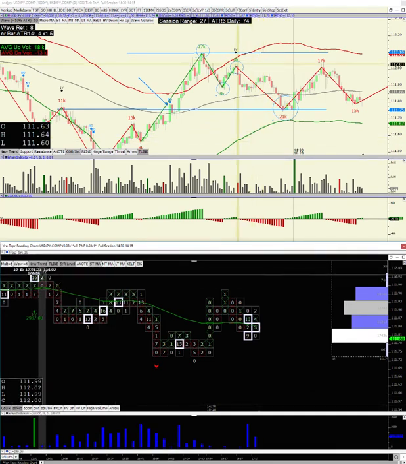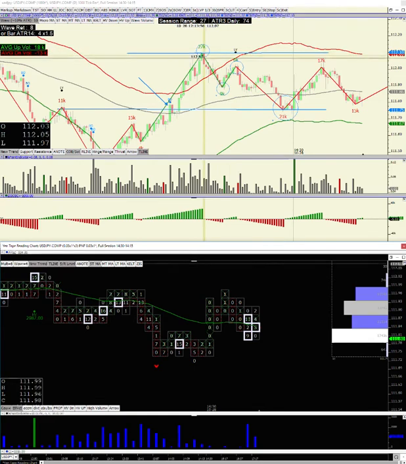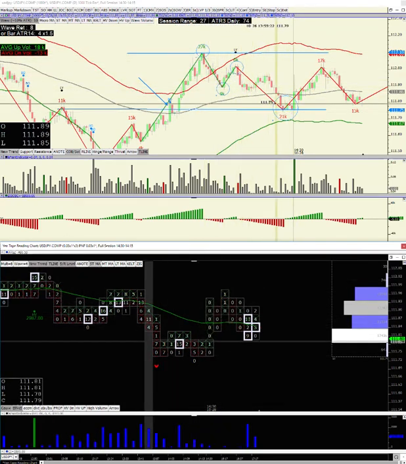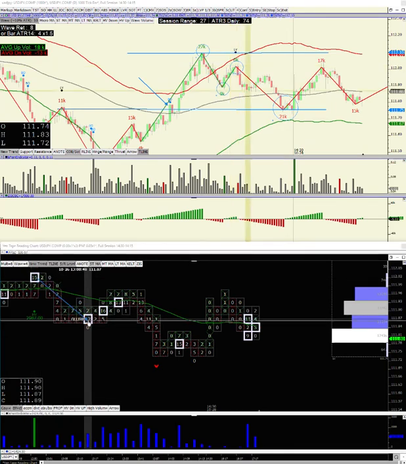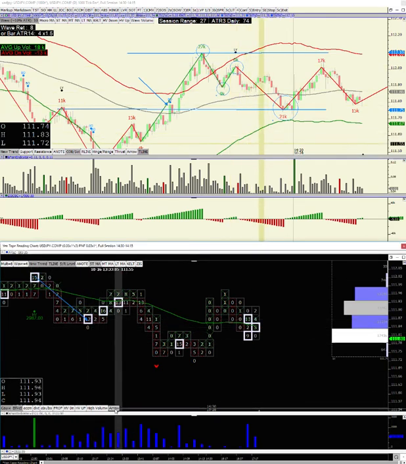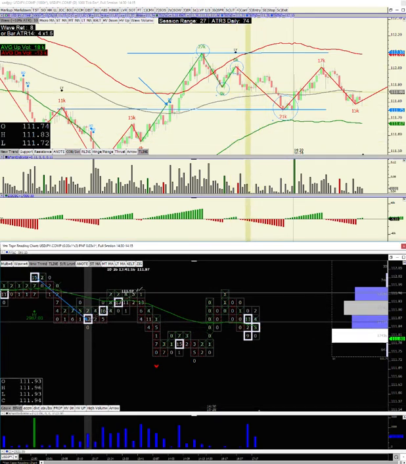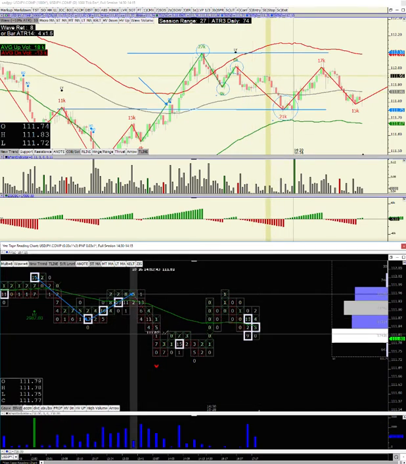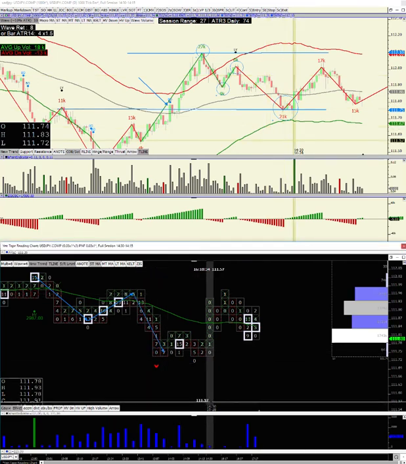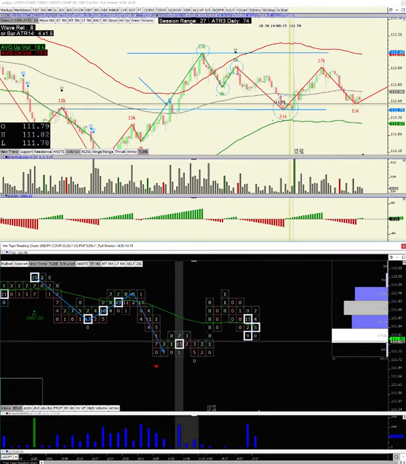So basically, this down move on the wave and the bar chart, we're going to analyze on the lower time frame chart. It goes down and goes up and then goes down, right? Now, what is occurring in that circle?